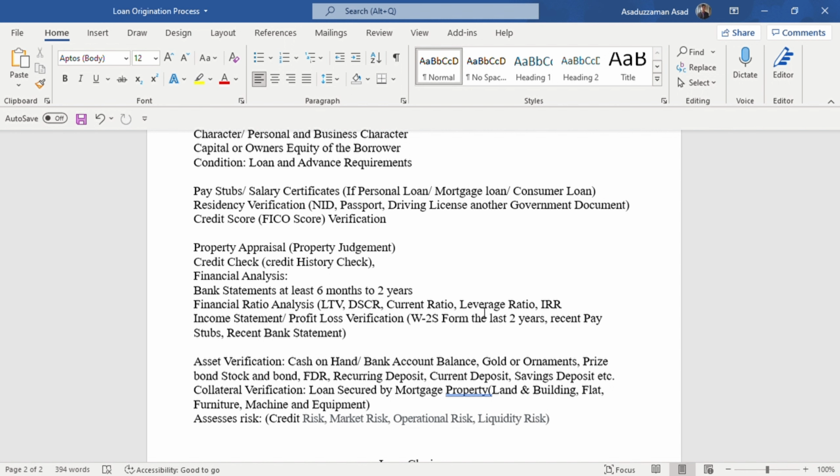And then the underwriter will assess the risk: credit risk, default risk, market risk, interest rate risk.